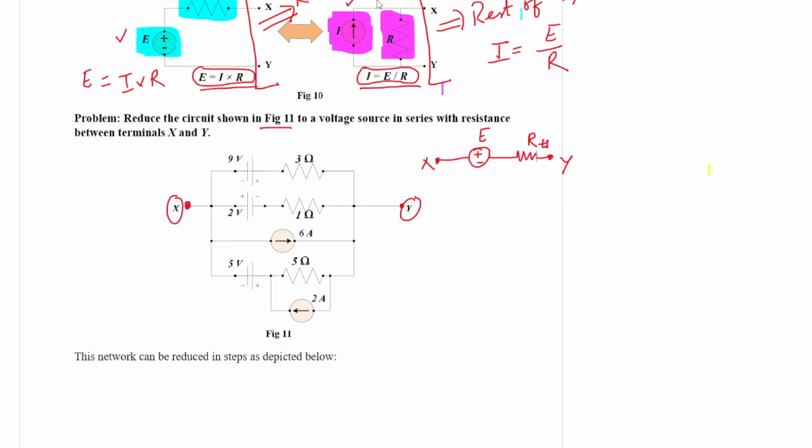So this is E equivalent and R equivalent. One should evaluate E equivalent and R equivalent, right? So this is all about. Now let us solve this problem one by one.